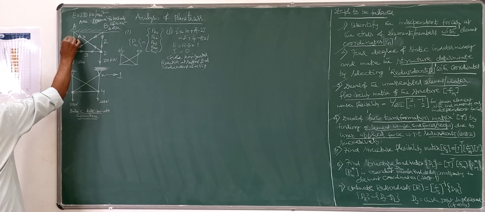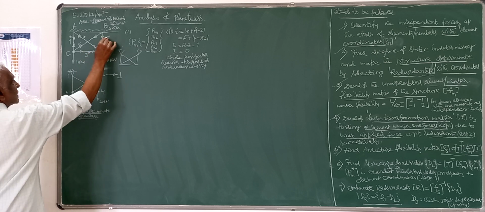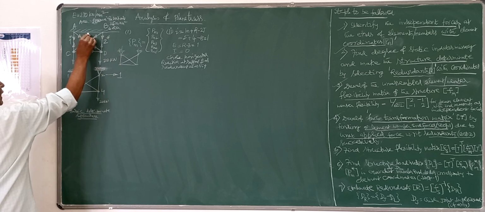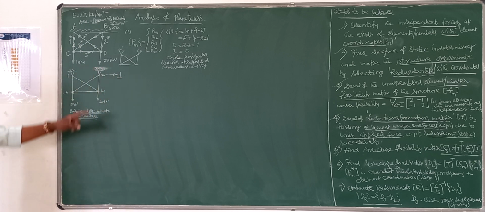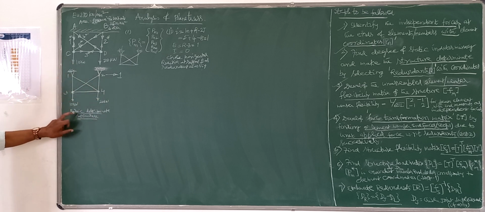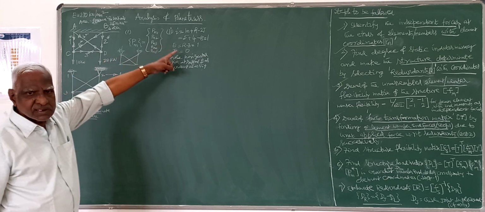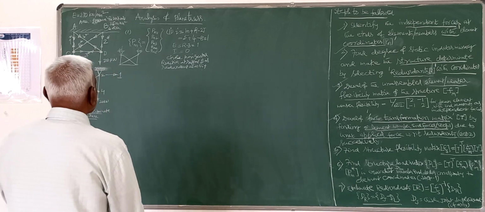And these are all the element coordinates which I am indicating by a star, and this is the global coordinate which I have introduced, I have removed in order to make the structure determinate, basic determinate structure. That is the second step which we have to do.